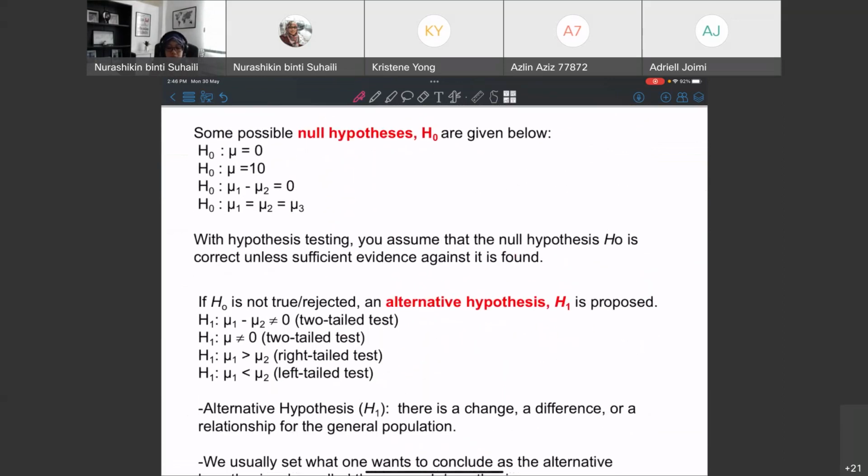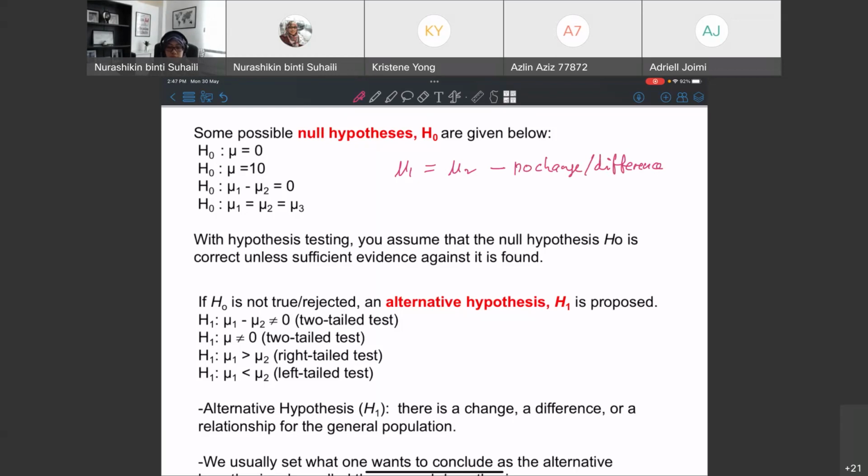So let's say you are comparing two samples. The null hypothesis would say mu1, the mean of sample 1, is equal to the mean of sample 2. This also means there is no change, no difference between the two samples.